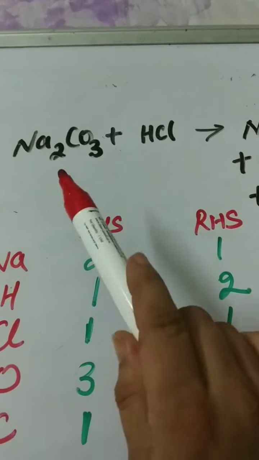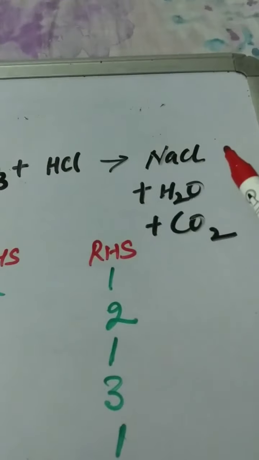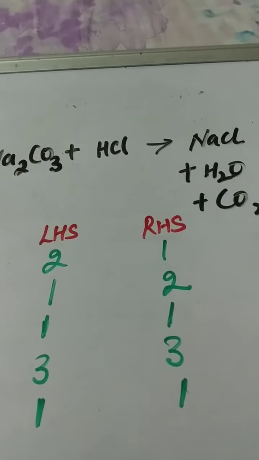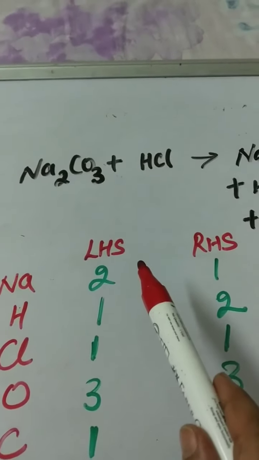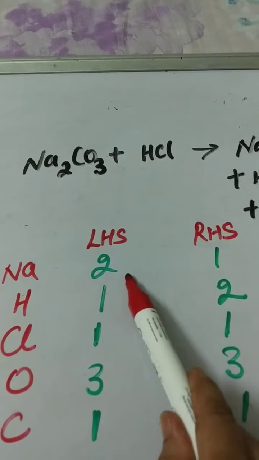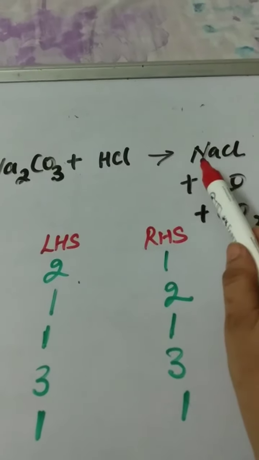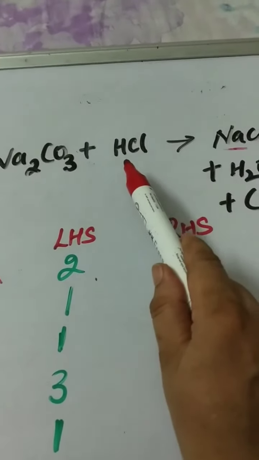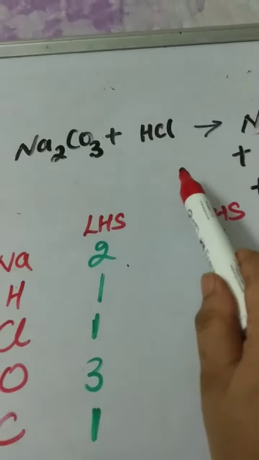One example, sodium carbonate reacts with hydrochloric acid, it gives rise to sodium chloride, water and carbon dioxide. Reactant side, how many atoms of sodium are present? 2. Product side 1. Hydrogen reactant side 1. Chlorine reactant side 1.